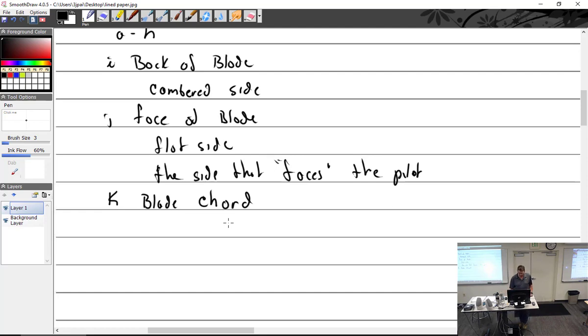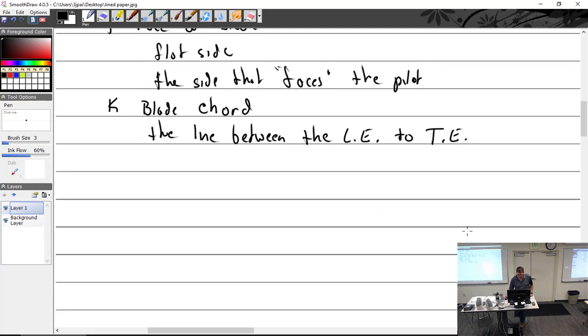There we go. The line you draw between the leading edge to trailing edge, LE to TE.